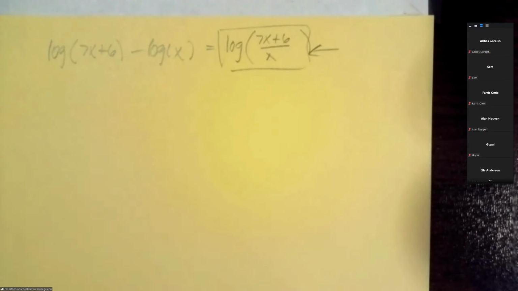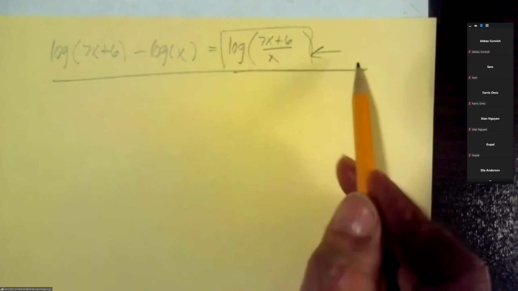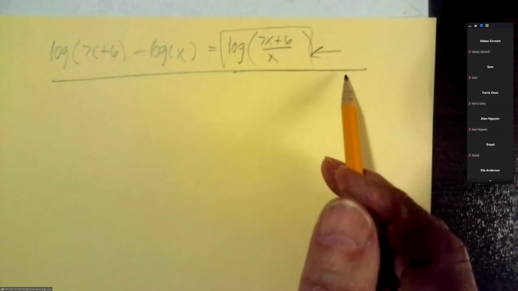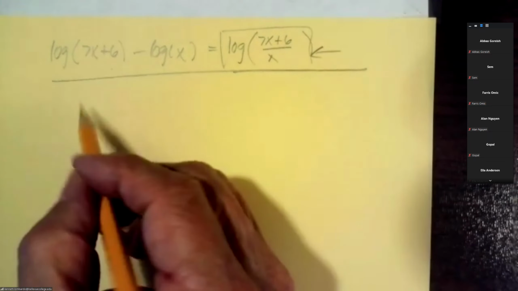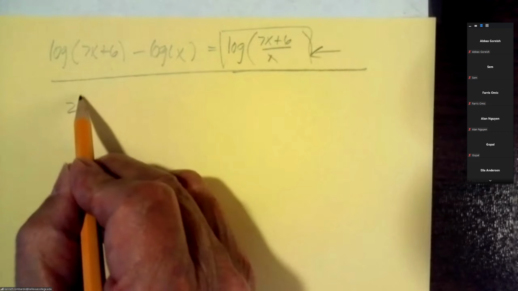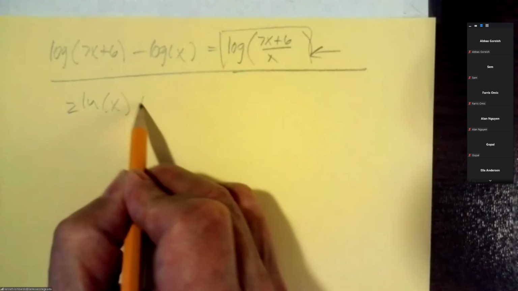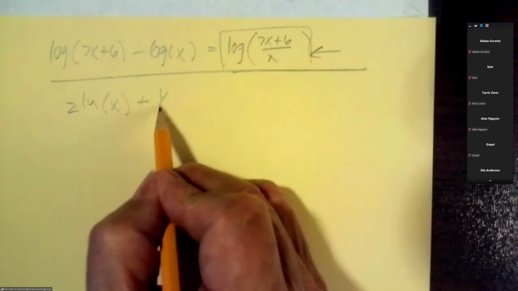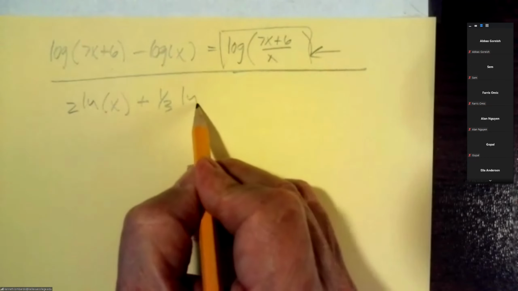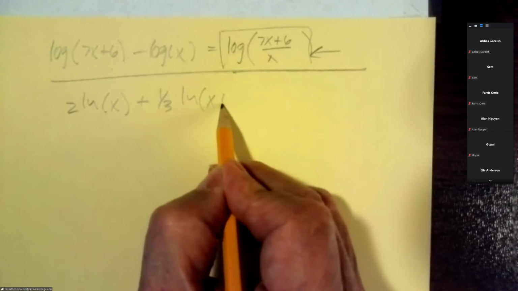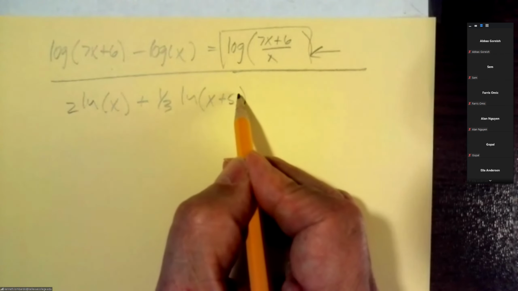Okay. I might want to write as a single log. I might be given, let's say, 2 natural log x plus 1/3 natural log x plus 5.